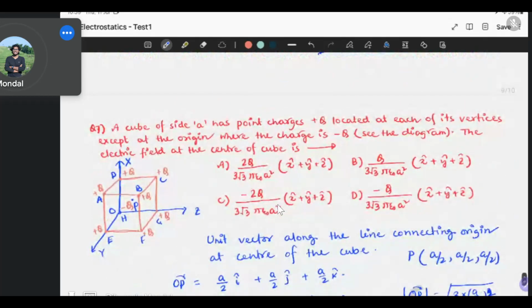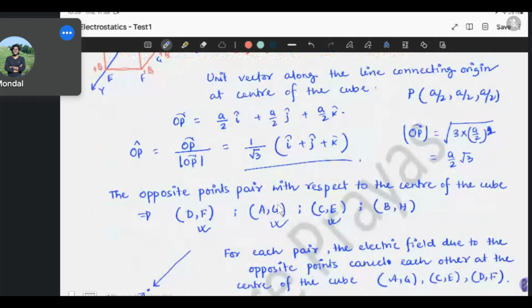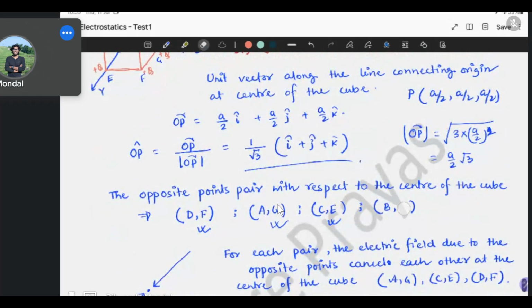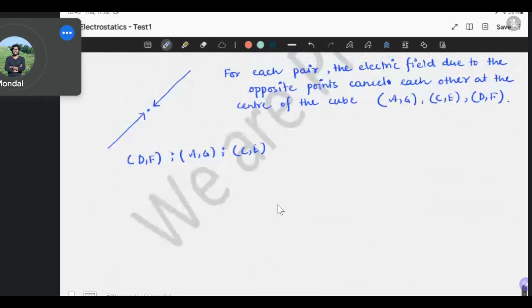But for HB, or we can write this as OB also, because O is the origin, so this will be BO. For this pair, the scenario is different from DF, AG or CE.